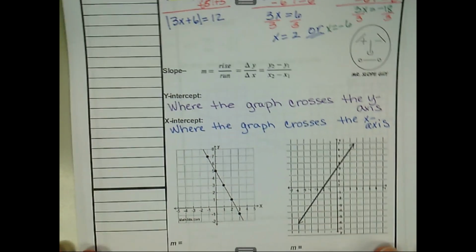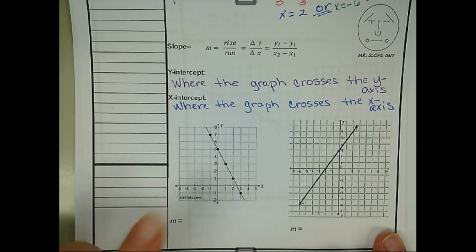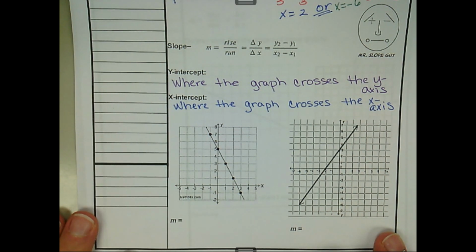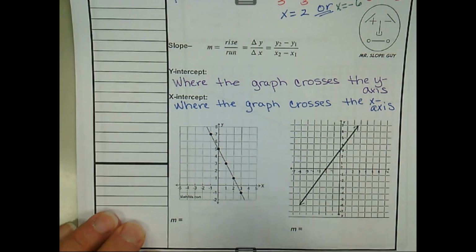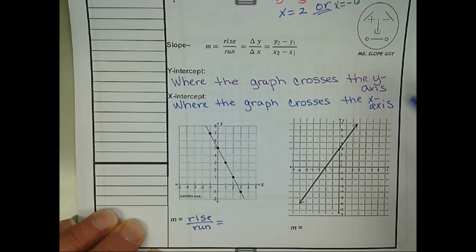Okay, now we're going to start looking at the slope on a graph, and it means we've got to count. So we know we're looking at the rise over the run. As I'm looking at the rise over the run, is it a positive slope or a negative slope? Well, it's going down.